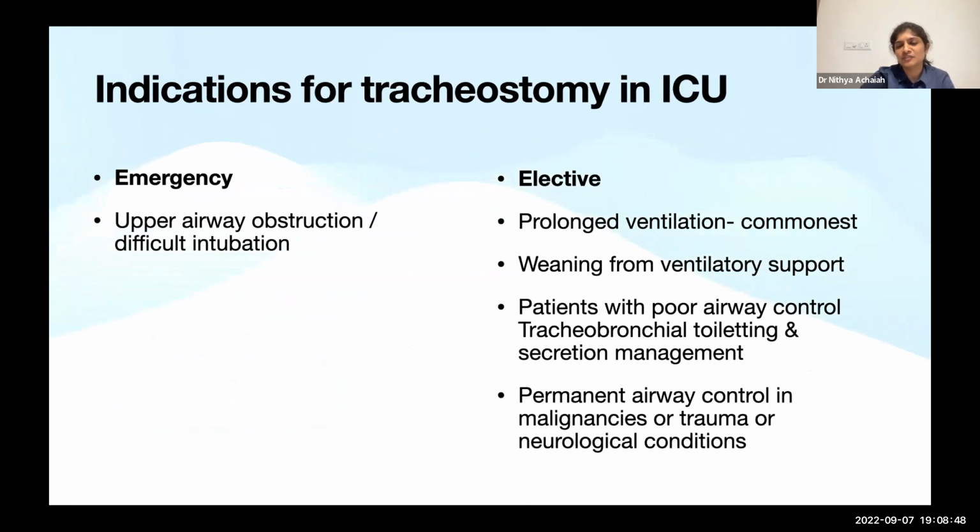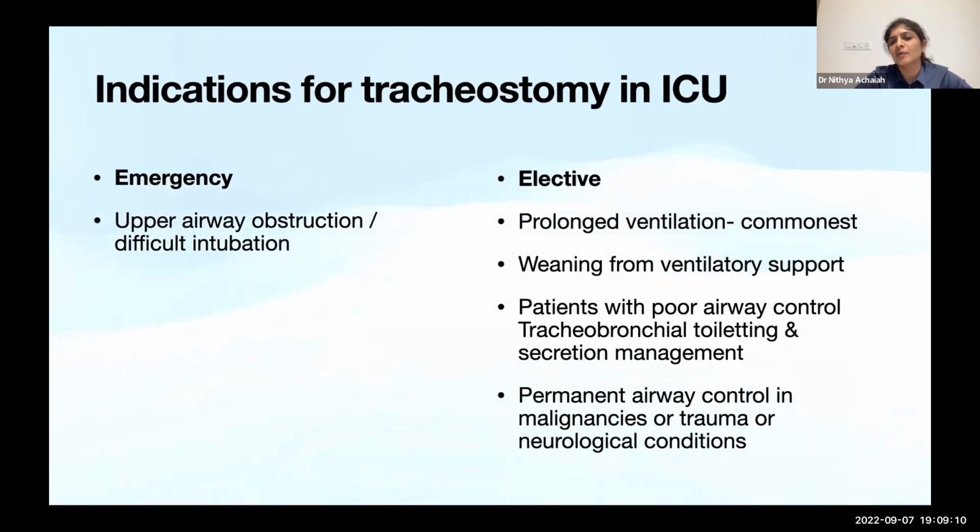Coming to the indications for tracheostomy, we can classify them into emergency and elective. Emergency indications are upper airway obstruction due to any cause and difficult intubation. Elective is prolonged mechanical ventilation in a patient with respiratory failure, which is the commonest indication for an elective tracheostomy.